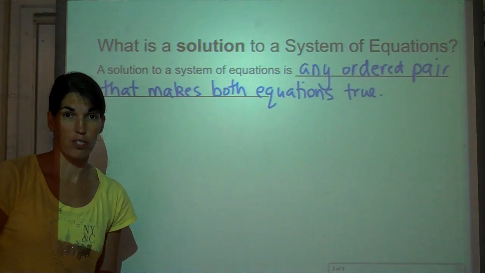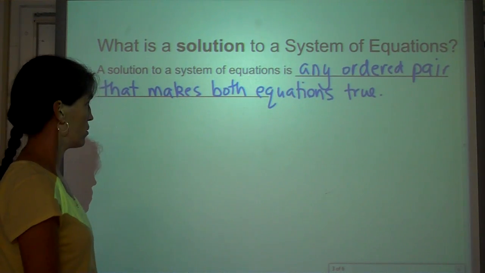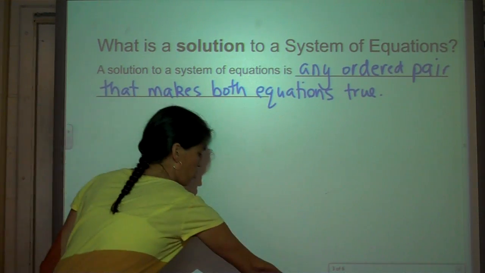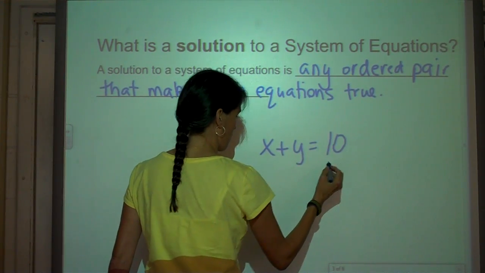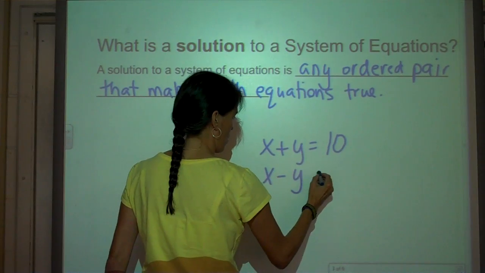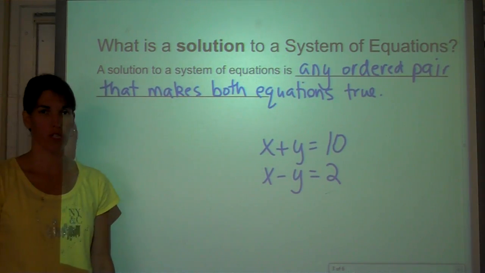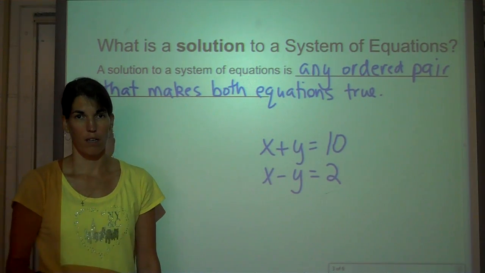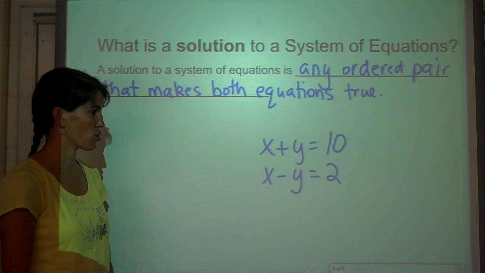But if it had three equations, it would be any values that make all of the equations true. So what I want you to do is take a minute, and that's my phone going off right now. I want you to figure out what the solution to that system is. Hit pause, and figure out what ordered pairs make those equations true.